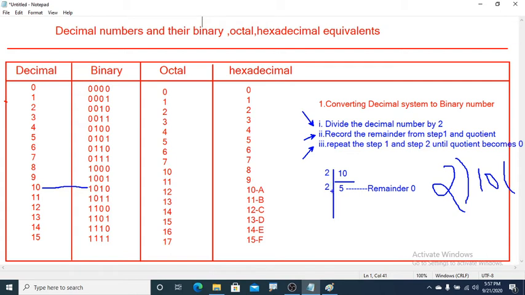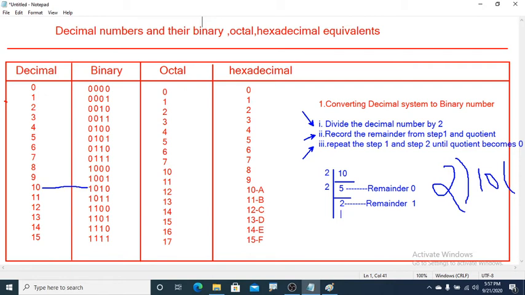After division by 2, it occurs 2 times. What is the remainder? 1. So the remainder is 1.